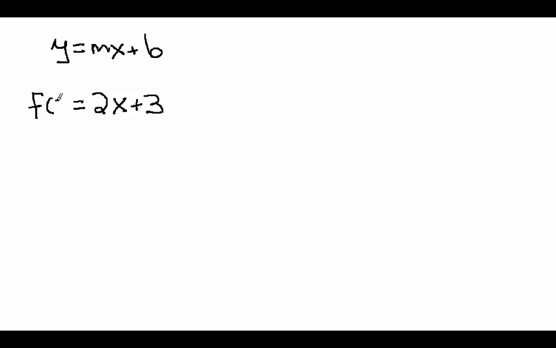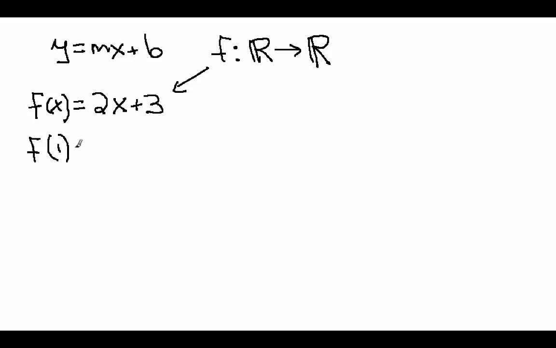I'm going to say that this is a function of x. And in fact, what I'm going to say over here is that this is a function that maps real numbers to real numbers. And that shouldn't come as a surprise to you. For example, I could calculate f of 1.